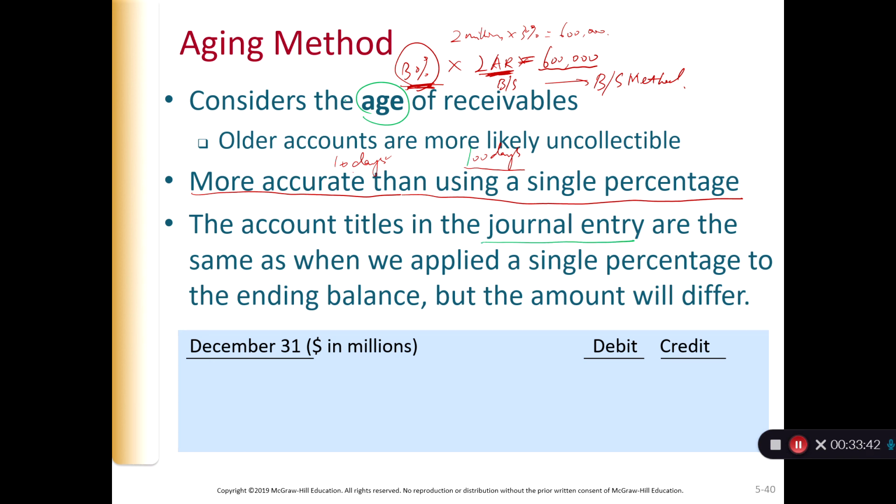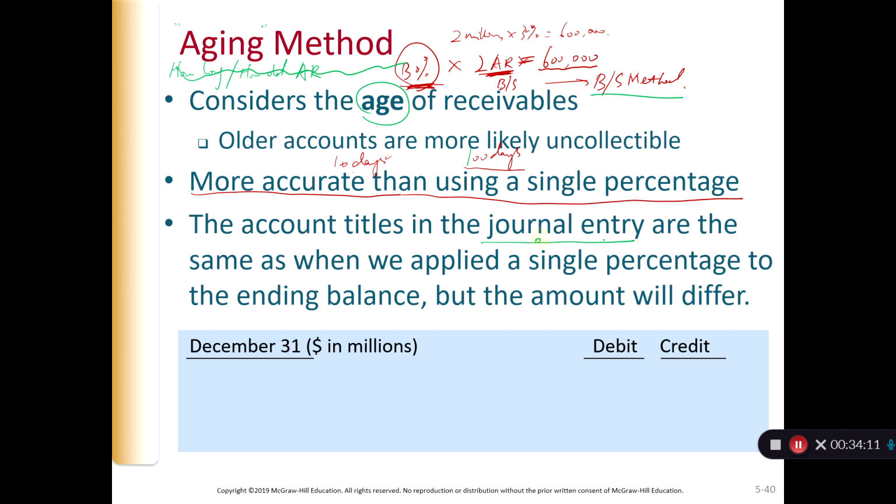However, once we consider the aging method, the first method we talked about is the balance sheet method, because we are using a single rate of 30% multiplied by accounts receivable. Now we call it the aging method because we start to consider how old the accounts receivable outstanding is. And how do we journal it?